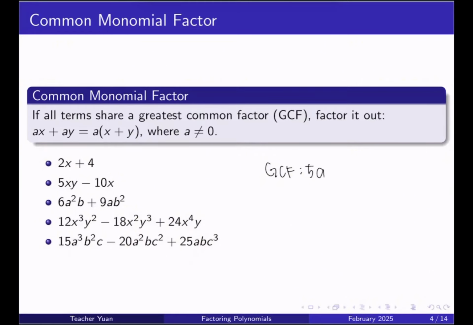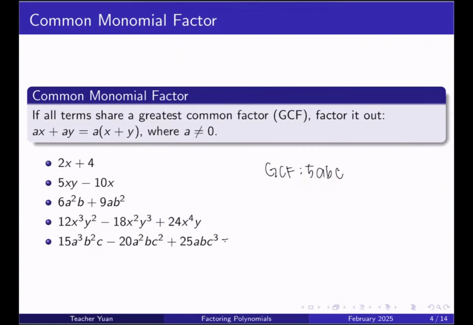For b, we have b squared, b, and b, so the greatest common factor is just b. For c, we have c, c squared, and c cubed, so the greatest common factor is c, because that is the variable with the smallest exponent. And so our GCF is 5abc.